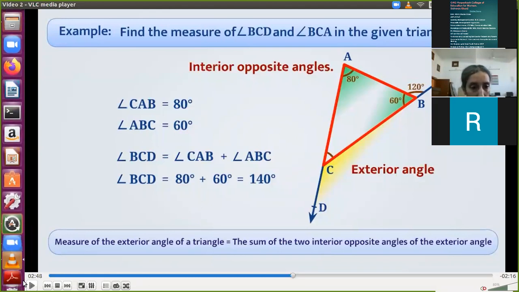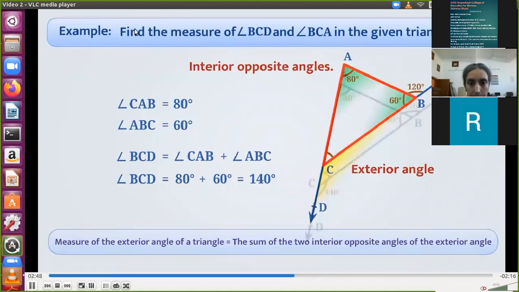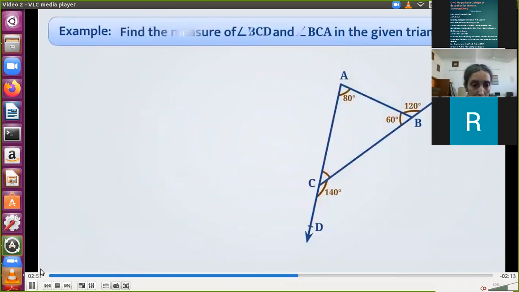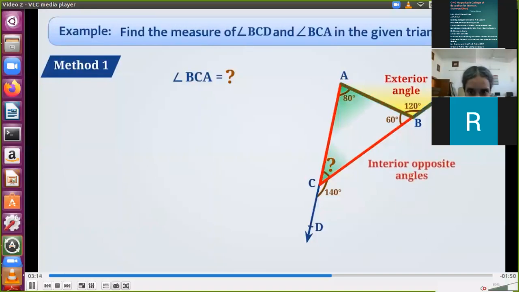Okay. Now the angle BCA is left. How we are going to find out this? For finding angle BCA, we can apply a few methods. First method is, now in the given triangle, we know that angle ABE is also an exterior angle, that is given out to be 120 degree, and angle BCA and angle CAB, these are interior opposite angles.